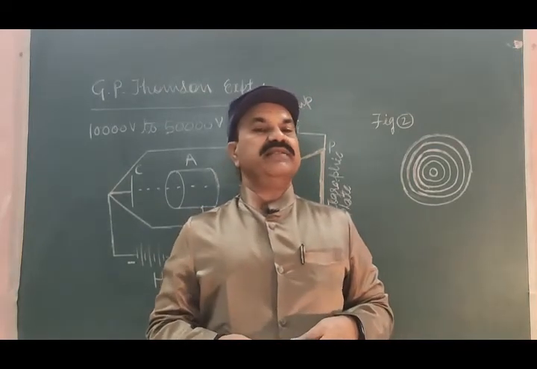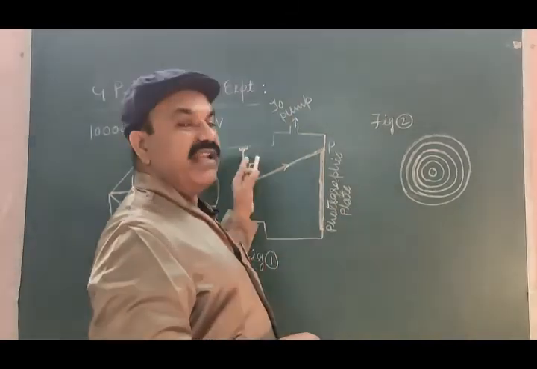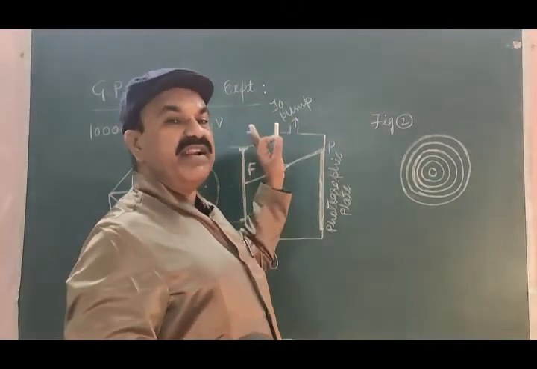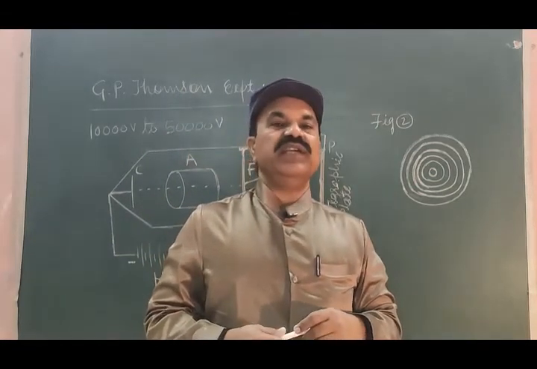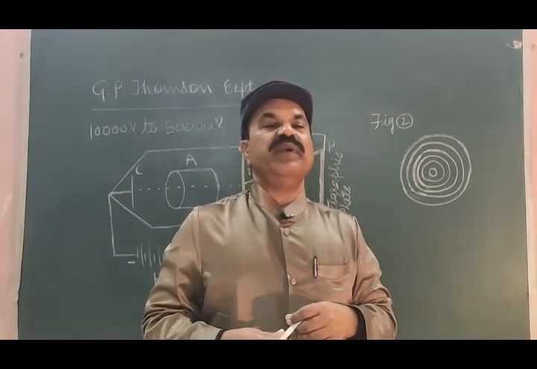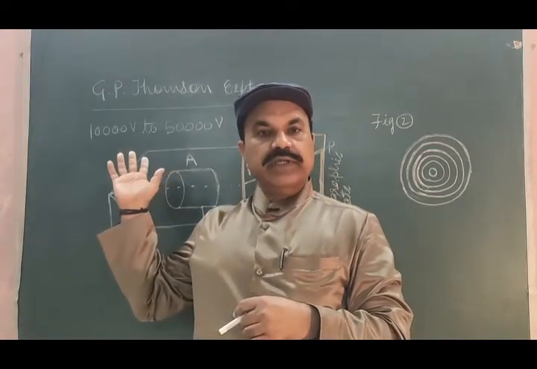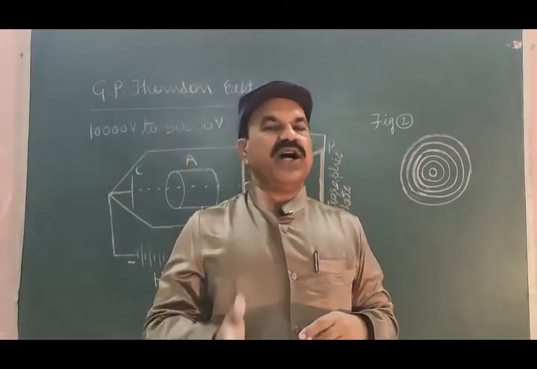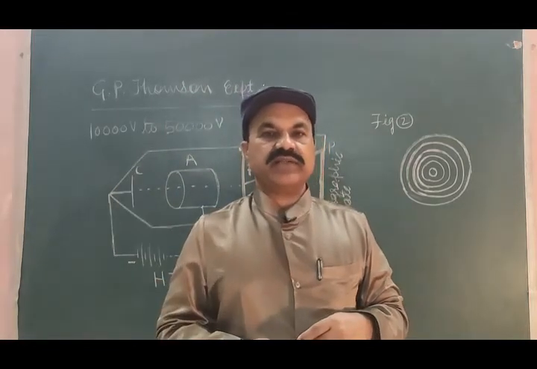One more thing, the wavelength of the electron found is independent of the material used. The wavelength of the electron is found to be dependent on the velocity of the electrons.